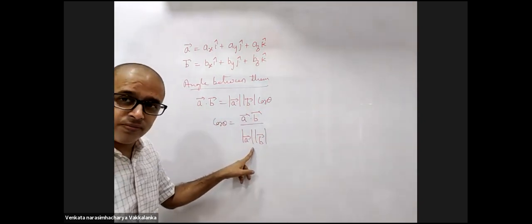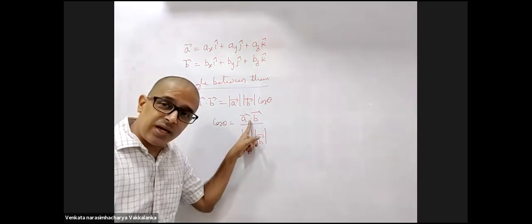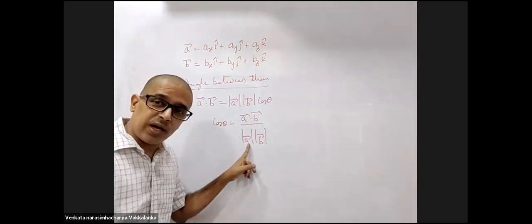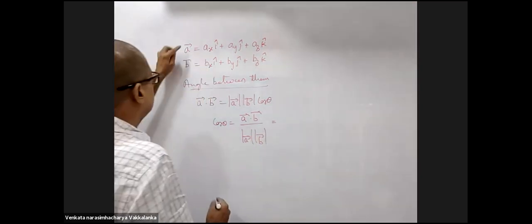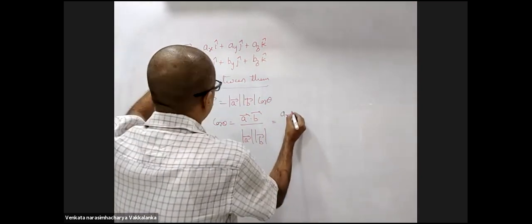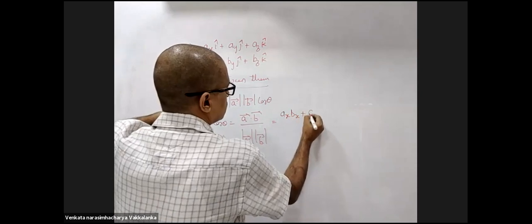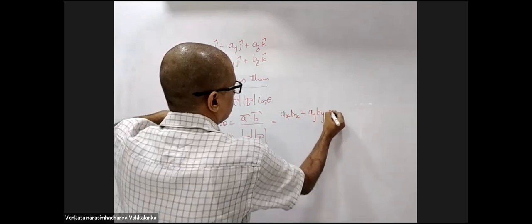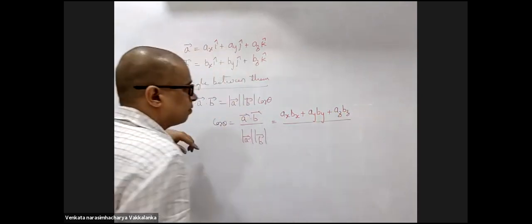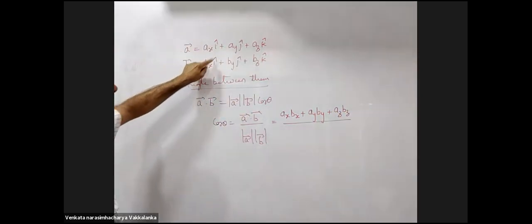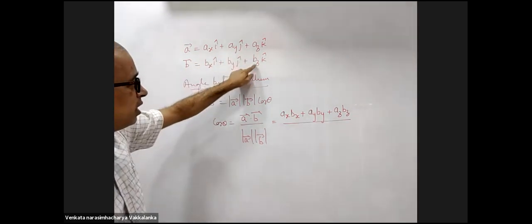You know how to calculate A dot B, and how to calculate the magnitudes of A and B. A dot B is ax bx, ay by, az bz.